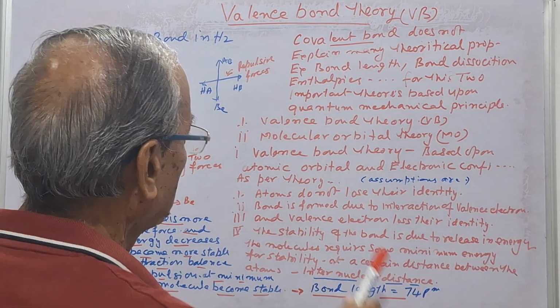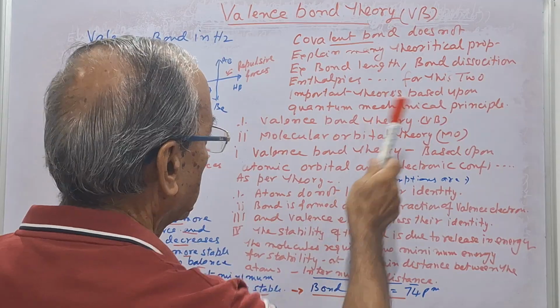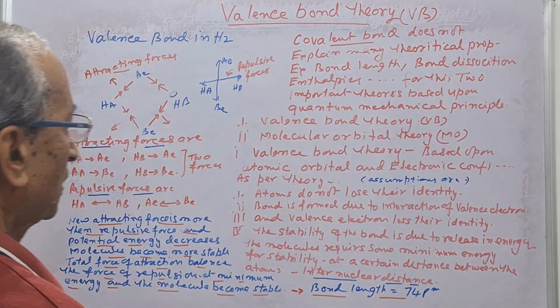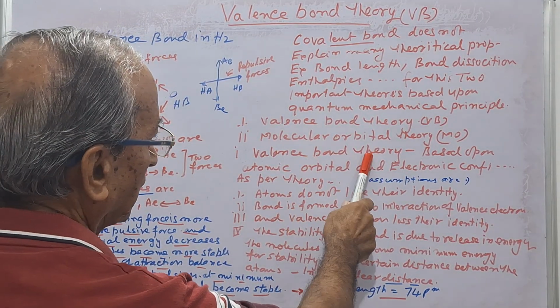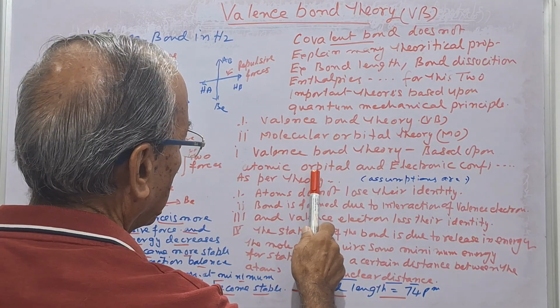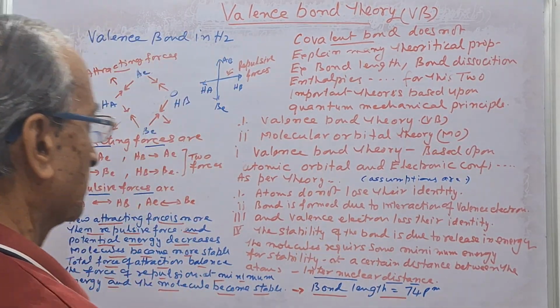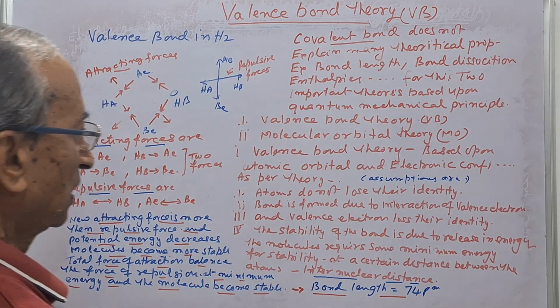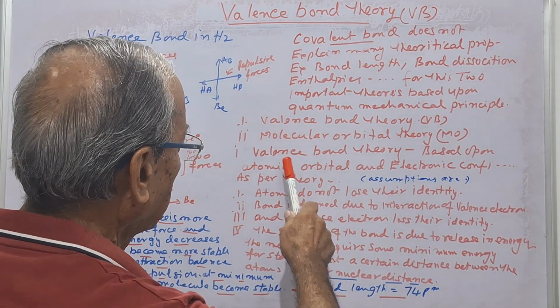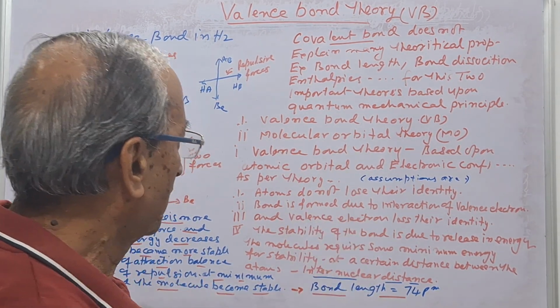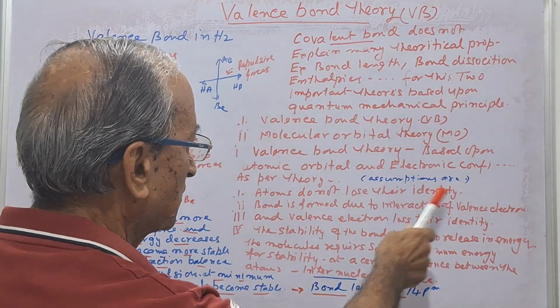Today I will explain valence bond theory. See, valence bond theory is based upon the atomic orbital and the electronic configuration of the atoms. To explain the valence bond theory, some assumptions are there.